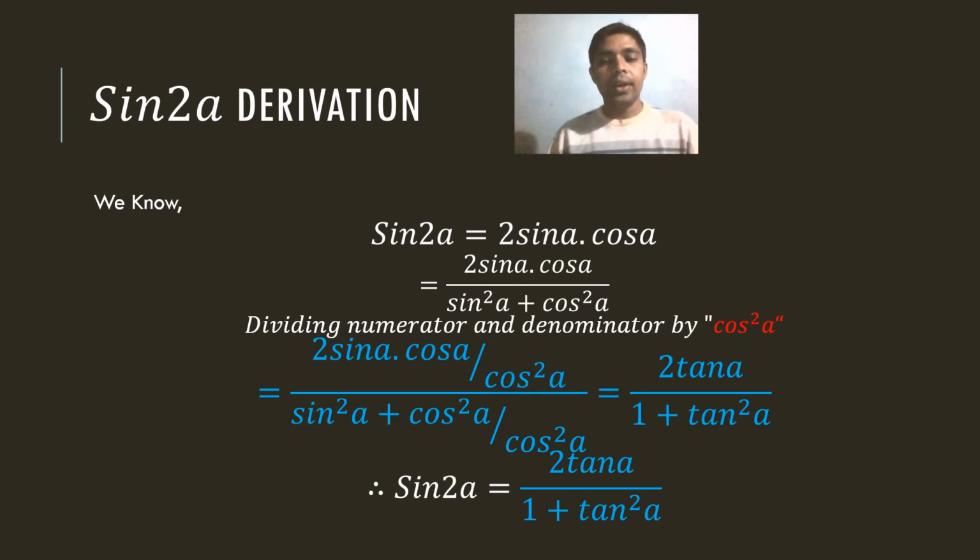The same method applies: we write cos 2a in sin cos format, again divide by sin square plus cos square a, and then divide each term by cos square a. Then accordingly we get it in tan format. So we have derived sin 2a here, and similarly you can derive it for cos 2a also.